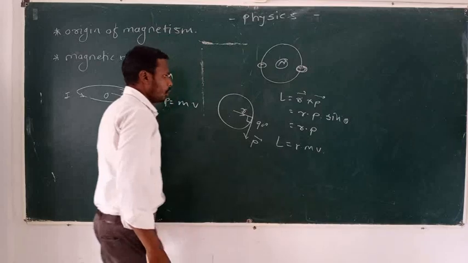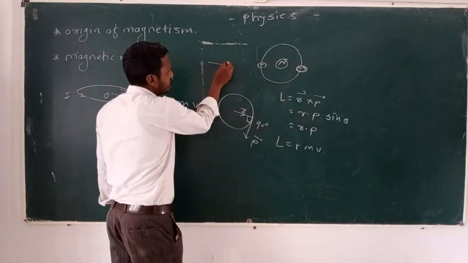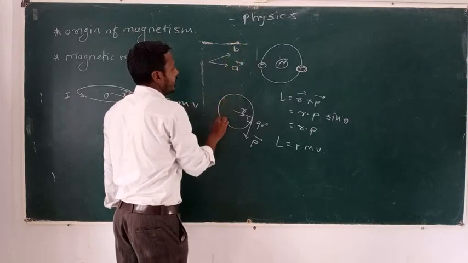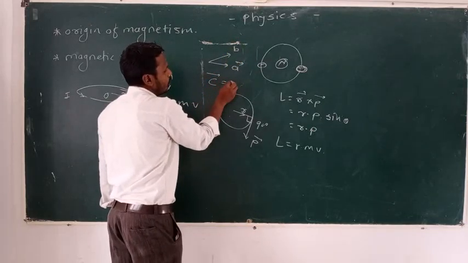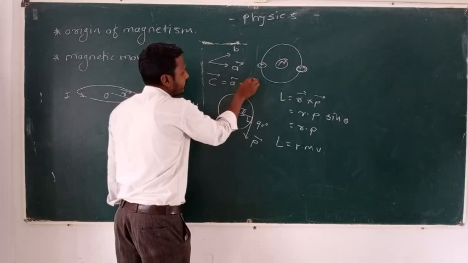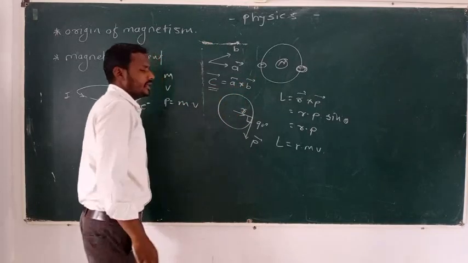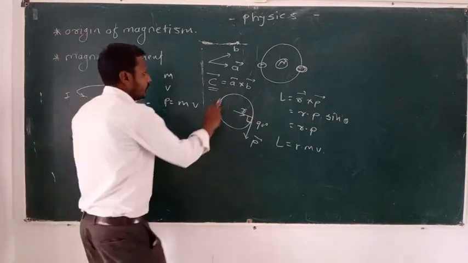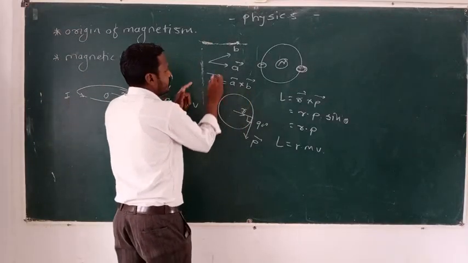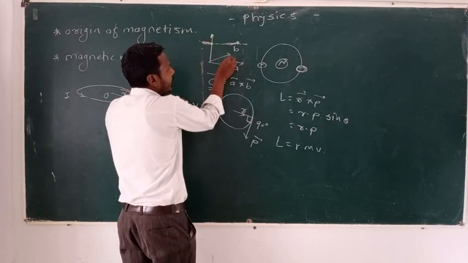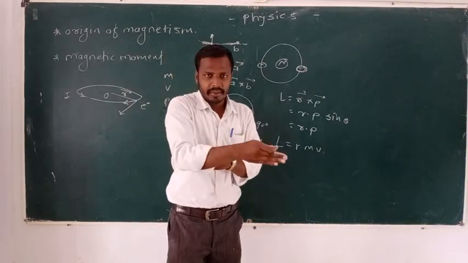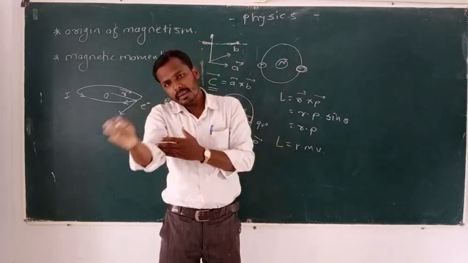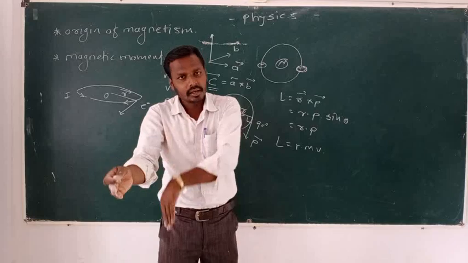Now we know that if this is a bar and this is b bar, and c bar is equal to a bar cross b bar, then c bar is perpendicular to a bar and b bar. We got c bar in the vertical direction, perpendicular to a bar and b bar, in the downward direction.